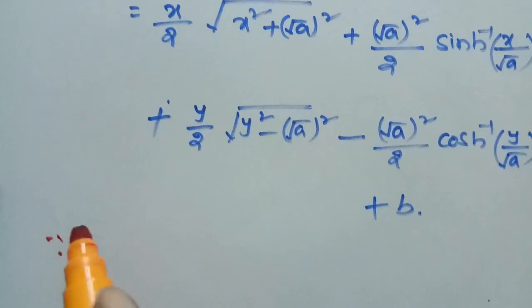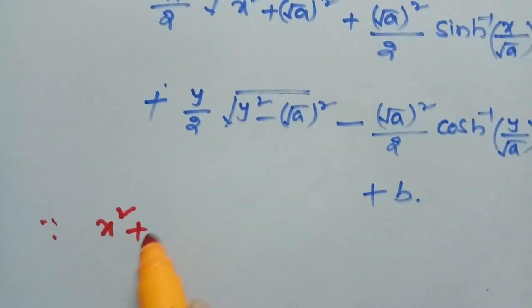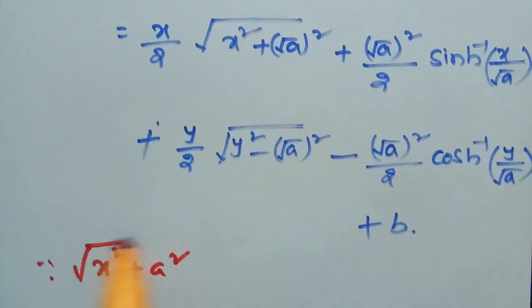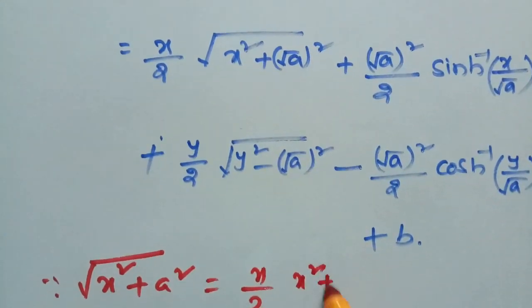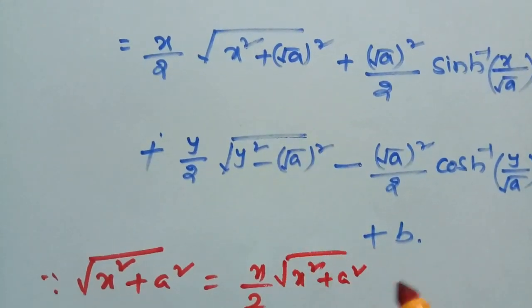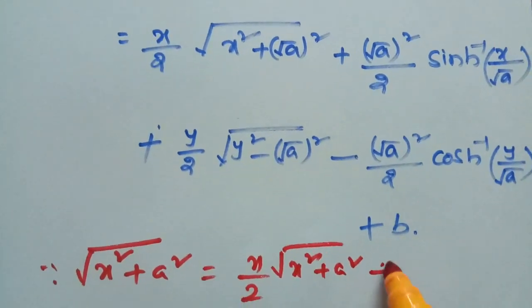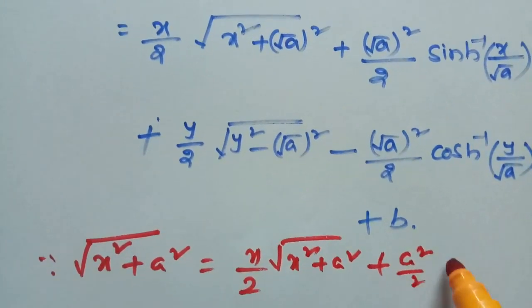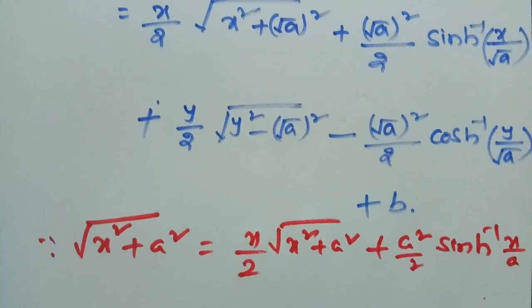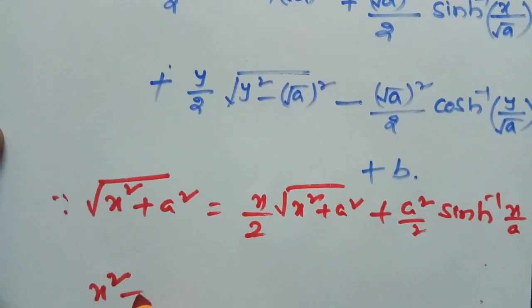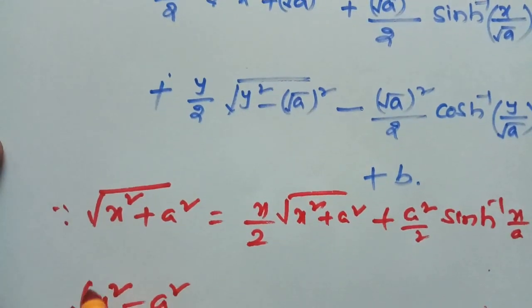One is square root of x square plus a square, that is x by 2 into square root of x square plus a square, plus a square by 2 into sine h inverse of x by a, and square root of x square minus a square.